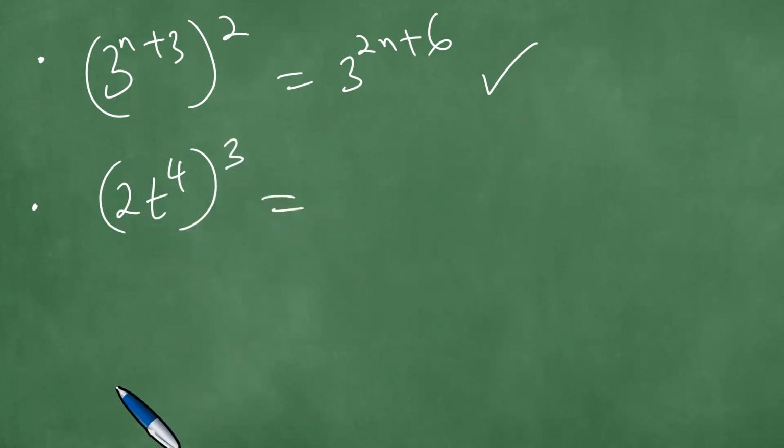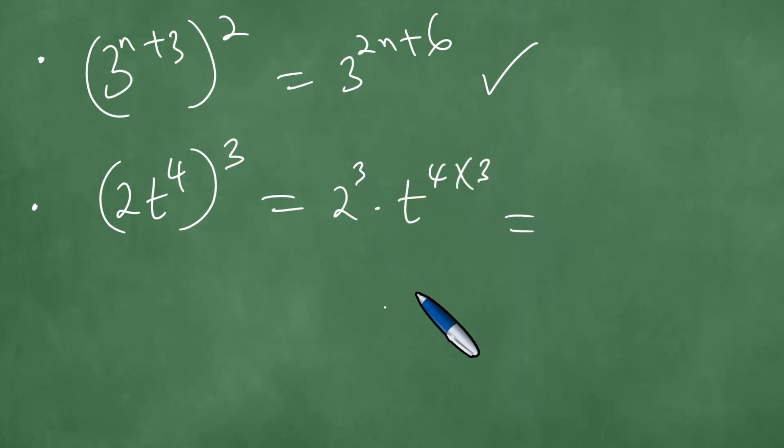What's the answer here, Rianda? 2 to the power of 3 times 4, plus 3. So you multiply the powers because they're both powers. Right, so what is 2 to the power 3, Luanda? It's 8.